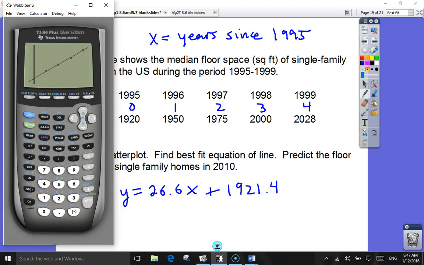So go to the table of values, second graph, and see what is the Y value when X is 15. $2,320.4.